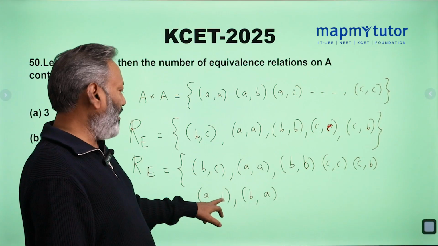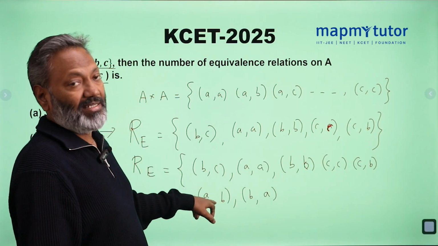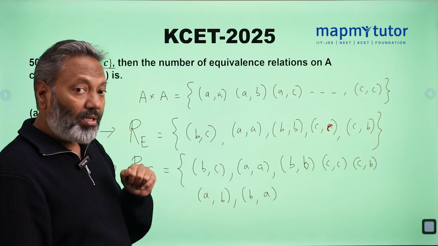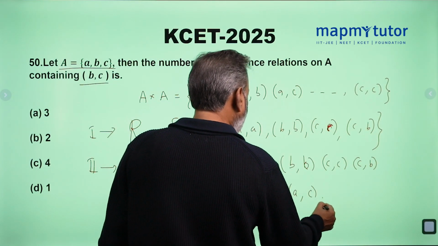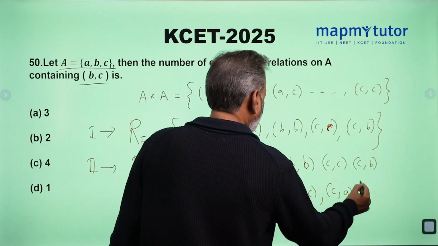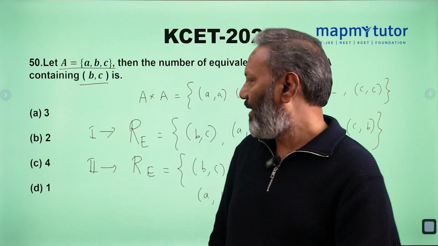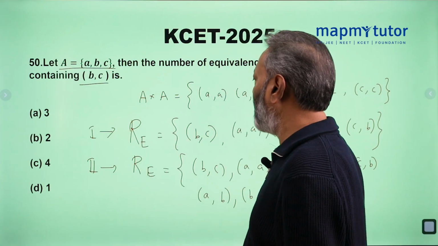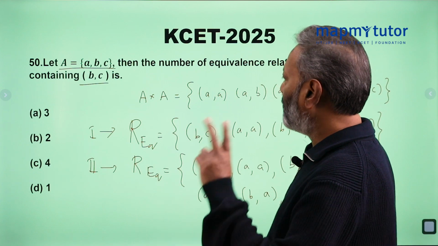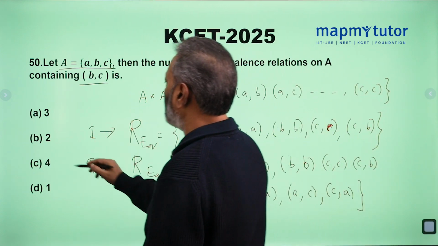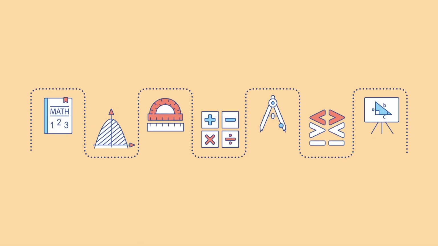And if I add AB, and already AB and BC, if you use the transitive property, AB and BC is what? AC. So I must get AC here. Once AC is there, I should add CA. That means all 9 ordered pairs I added, so that again it becomes an equivalence relation. So this is case 1 and this is case 2, and only 2 equivalence relations are possible, and hence option B is correct. Okay?